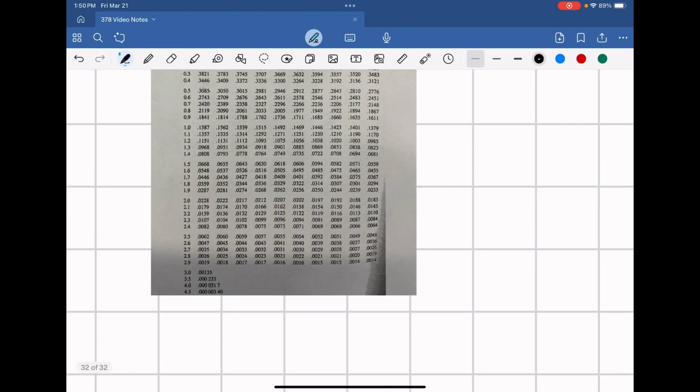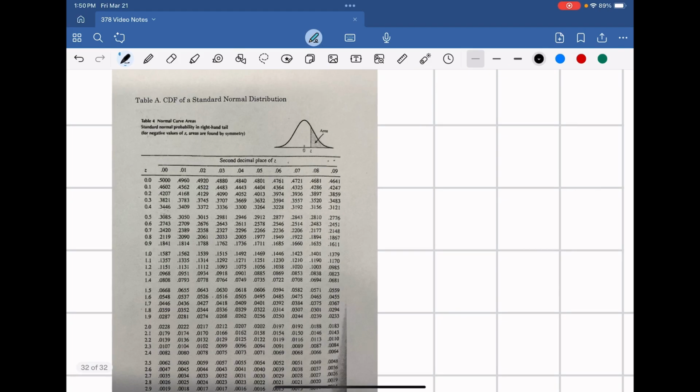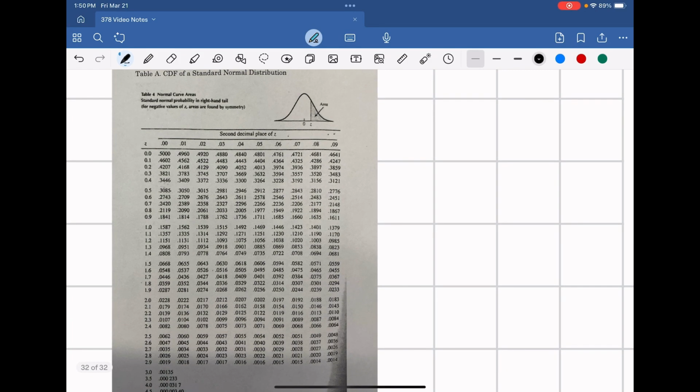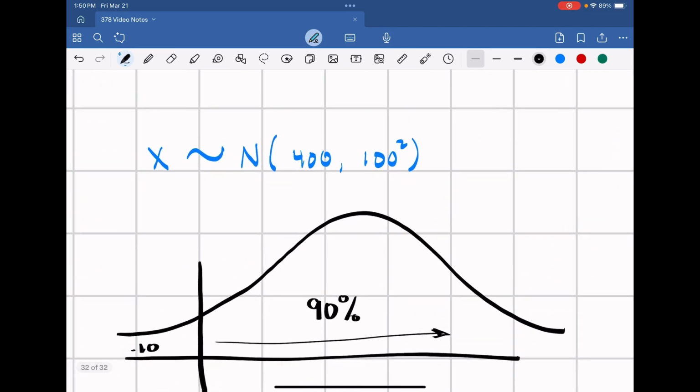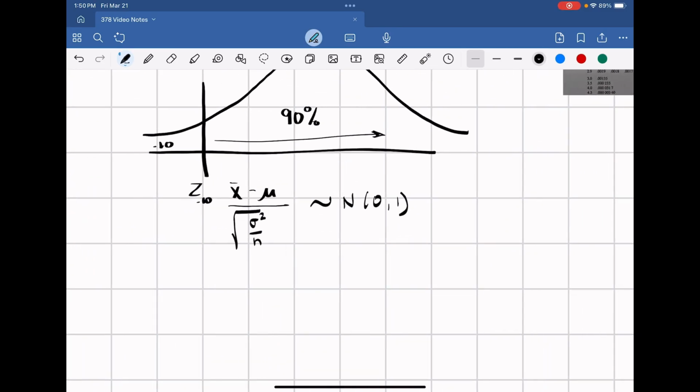Here is our z-score. I am looking for 10%, which happens right about here. We'll call that as close as we can to 1.28, and that's the z-score that we found. So this z-score is equal to negative 1.28.